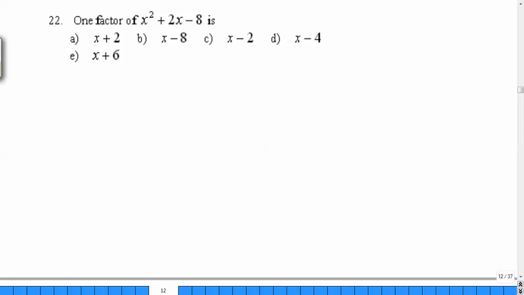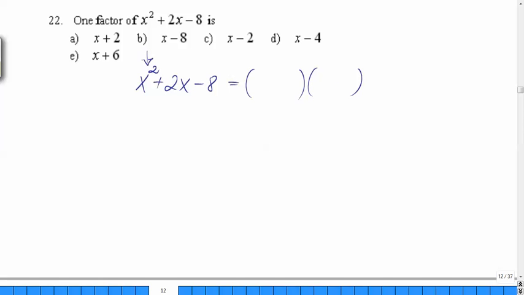Okay, well, you guys remember if you have a trinomial, x squared plus 2x minus 8, if this will be factorable and not prime, this will be the product of two binomials, okay?